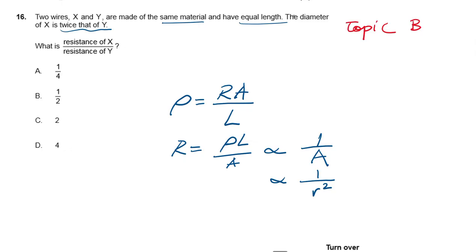So the diameter of X is twice that of Y. So doing X over Y, let's do R_X over R_Y is equal to 1 over, diameter of X is twice that of Y, okay, so 2R squared, over 1 over R squared, right? R is the radius of Y.